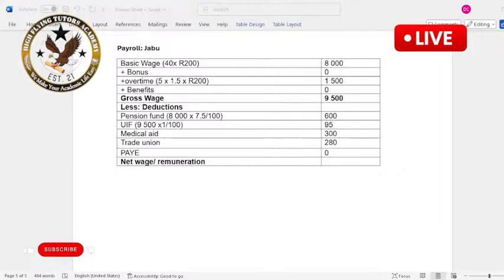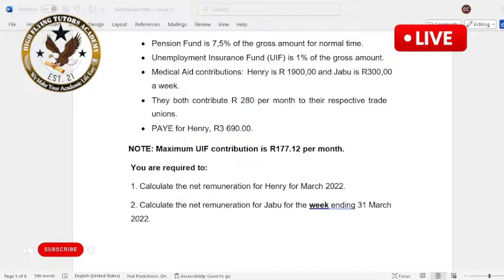So we are winning. Are we all winning? I want us to double check something on the question there. Let's go and double check something on the trade union there.